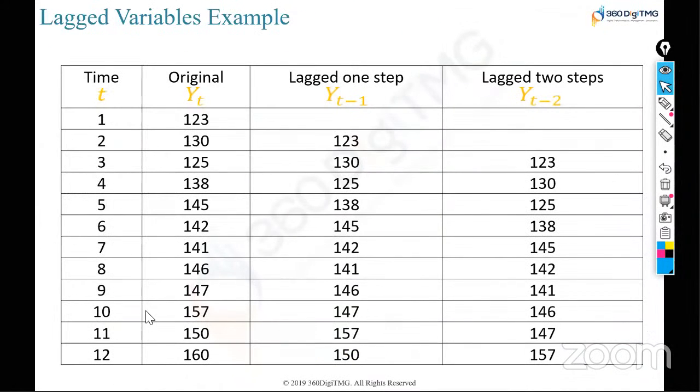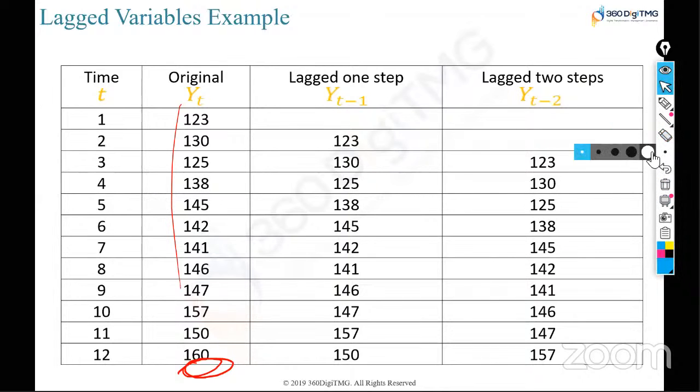In this scenario, somebody asks me, what can I expect to be the sale here in the 13th month? He gives me the data. I say, no, I don't want the data.